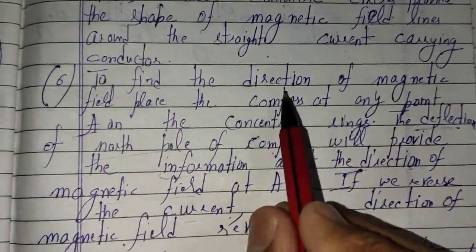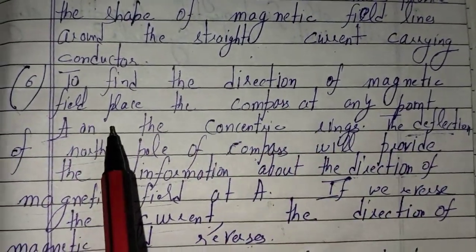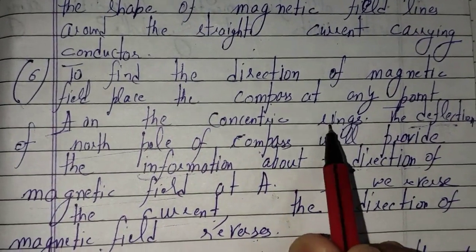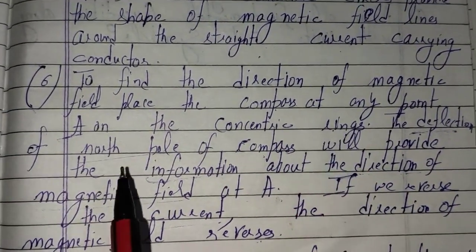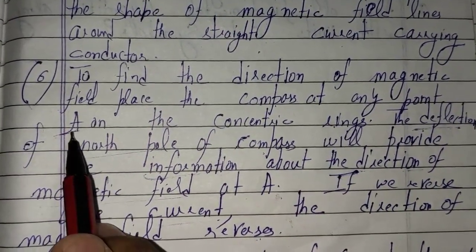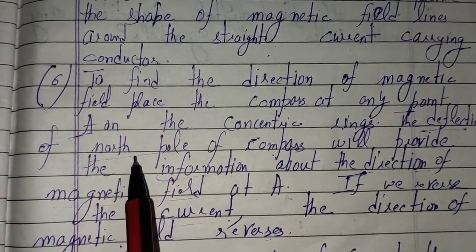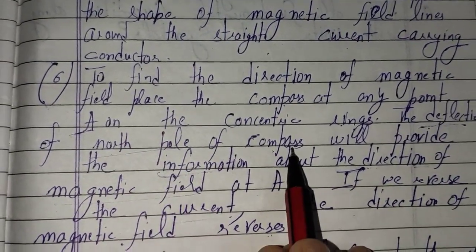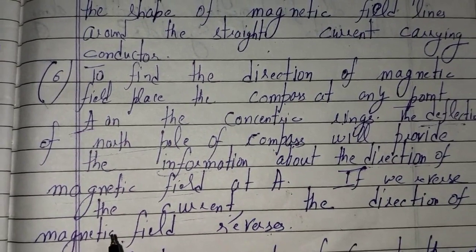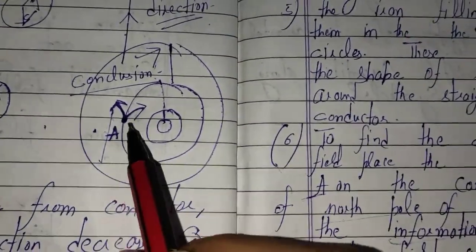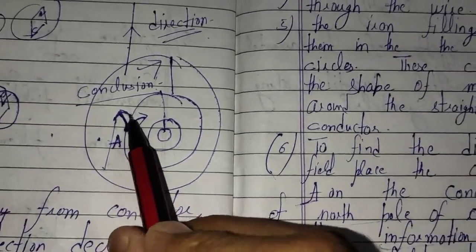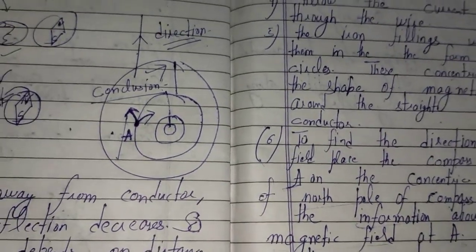If you want to find the direction of magnetic field at any point A on the rings, you will place the compass at point A and note down the deflection in the north pole of the compass. If the north pole deflects in this direction, the field direction is in this direction.